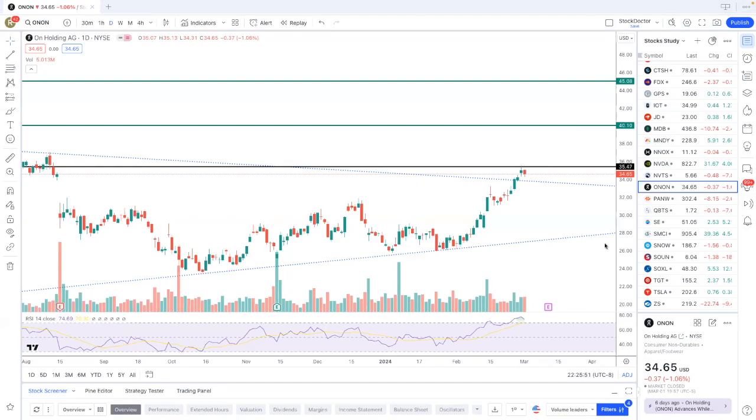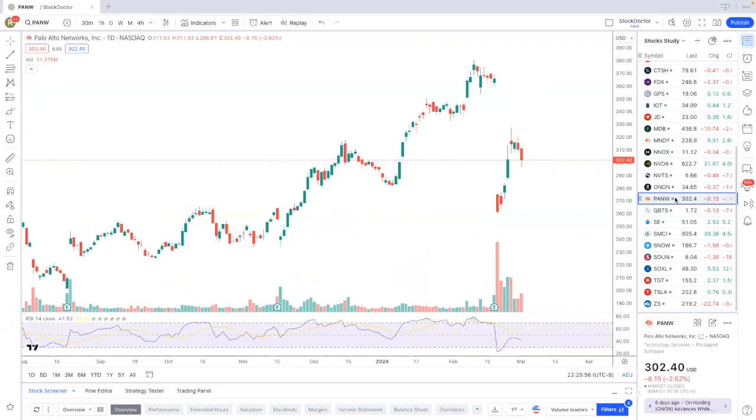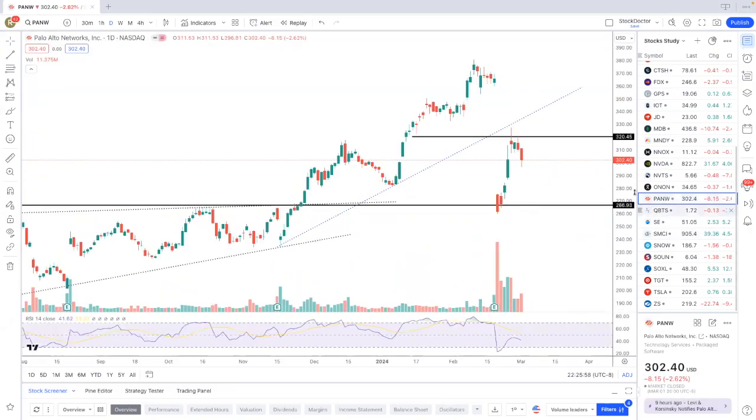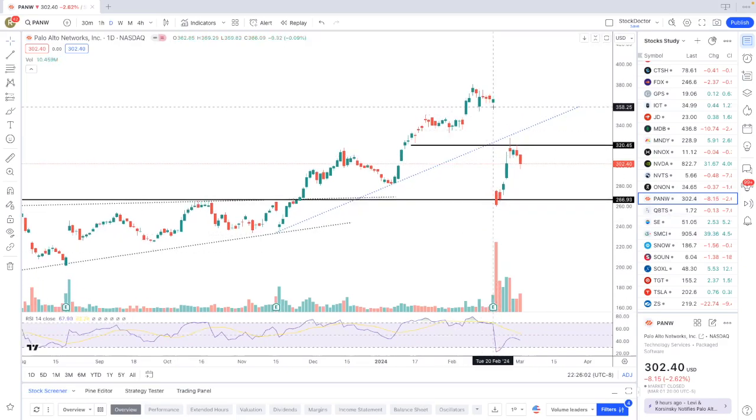Then we have PANW. So Palo Alto Networks, you can see it had the earning, and on the earning day, it gave a downside of almost 29%, and it exactly touched its very important support of 265.